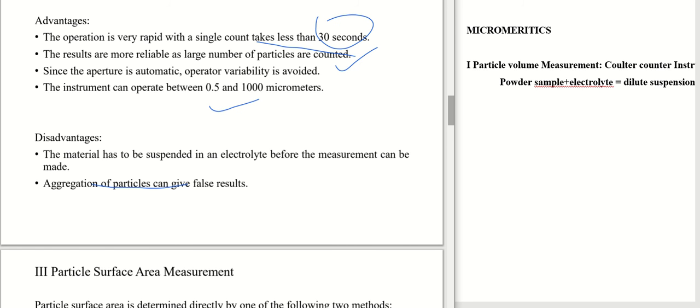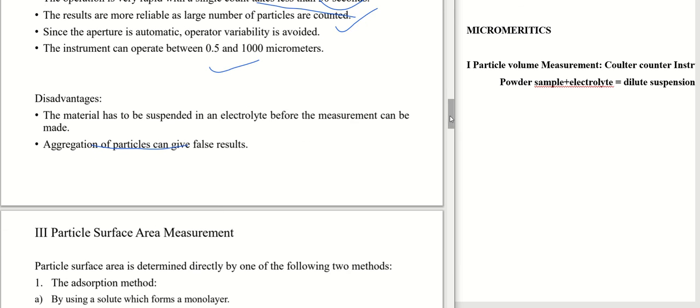So within a short time we are able to count a large number of particles. The most advantageous thing is we can determine the number of particles, the particle size, and also the particle volume. This is about the particle volume measurement. For particle volume measurement, we will be making use of the Coulter counter instrument.